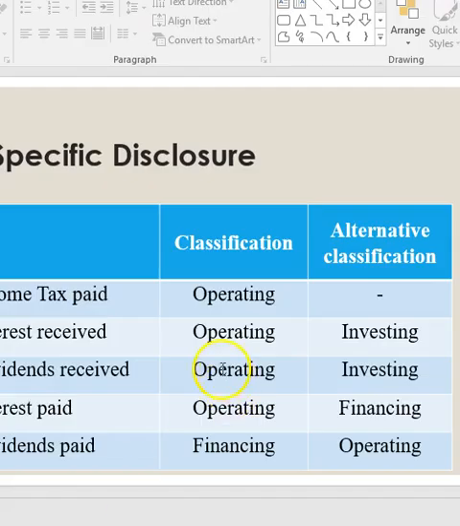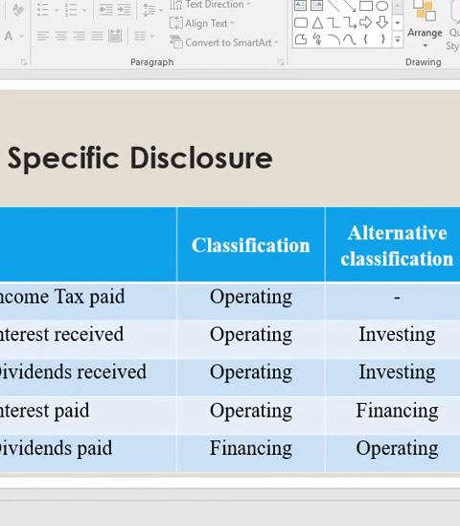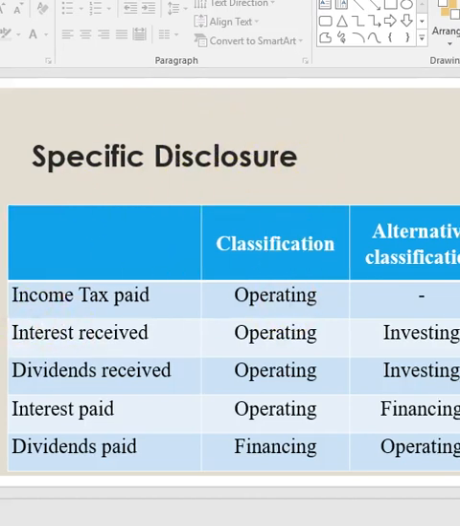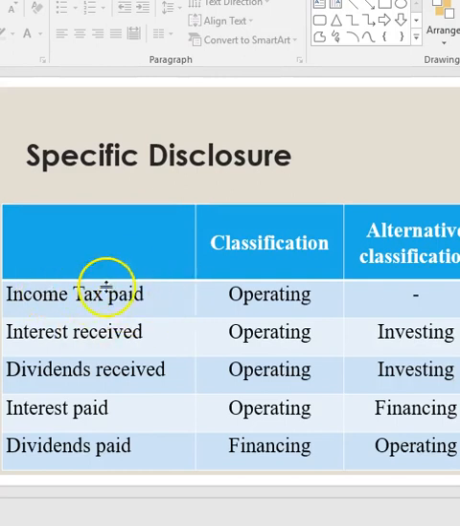If you look at the PowerPoint slides, there are 5 things that you need to disclose separately. The first is income tax paid, which you can only classify as operating activities.